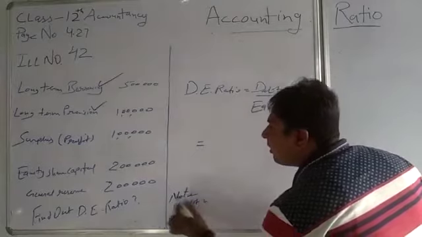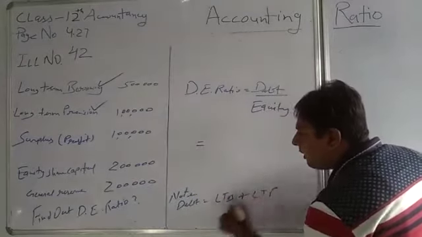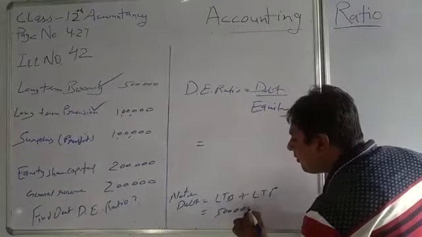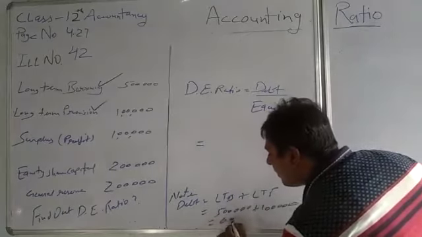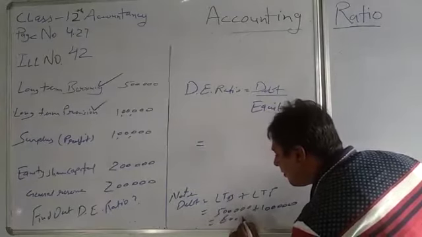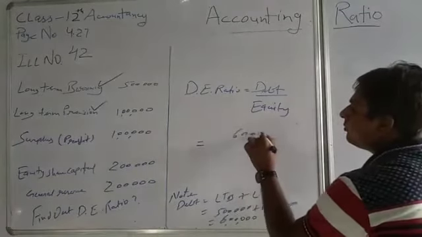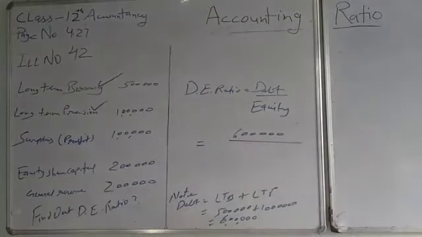Debt, long-term borrowing plus long-term provisions. How much? 5 lakh plus 1 lakh. How much? 6 lakh. Okay. Now equity.